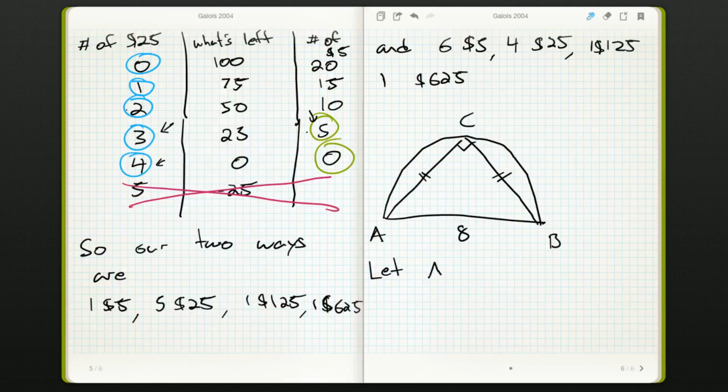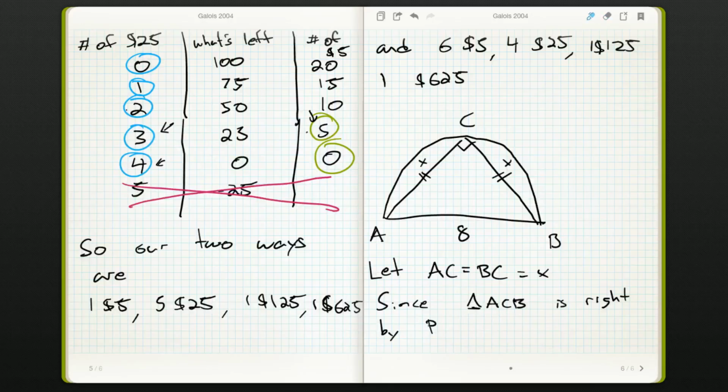So I'm going to let AC equal BC, equal x. Since triangle ACB is right angled, usually you put the right angle one in the middle, I think is convention.